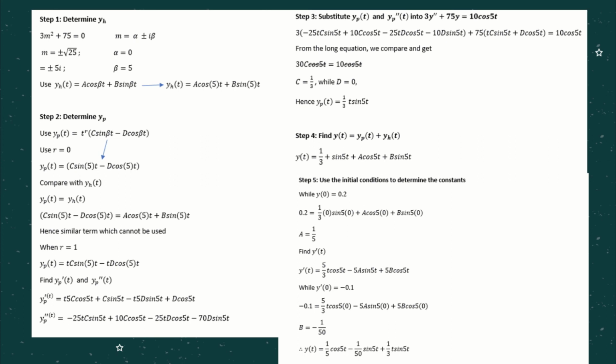To replace y prime(t) with the initial condition, we replace y prime with negative 0.1 and t equal to 0 and manage to get b equal to negative 1 over 50. Substitute the constants into the equation and we get the final answer, which is y equal to 1 over 5 cos 5t minus 1 over 50 sin 5t plus 1 over 3 t sin 5t.